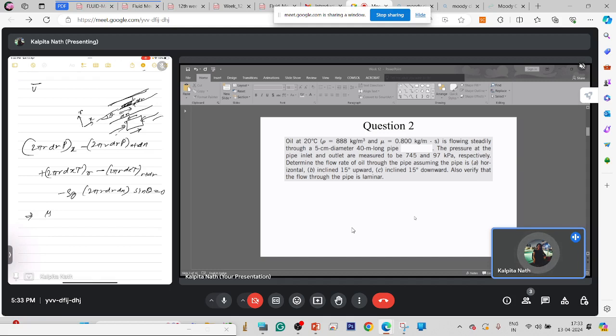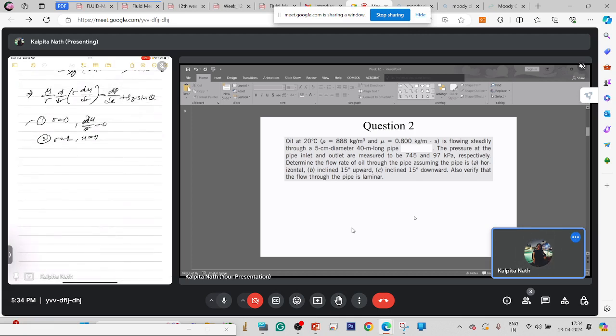So this will be mu upon r d/dr of r du/dr equals dp/dx plus rho g sine theta. The boundary conditions are: at r equals 0, du/dr equals 0, and at r equals capital R, u equals 0.